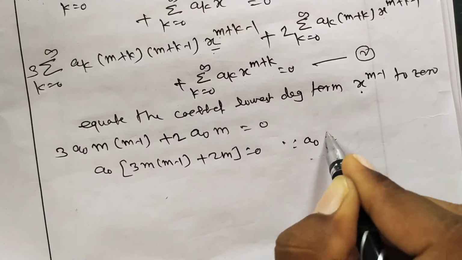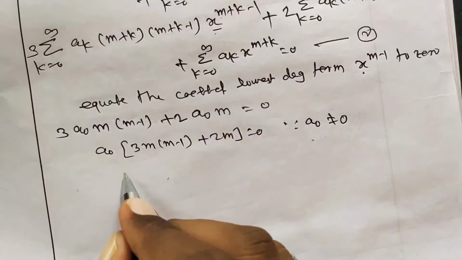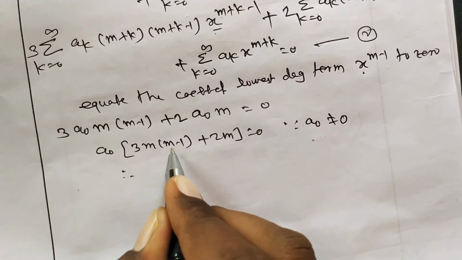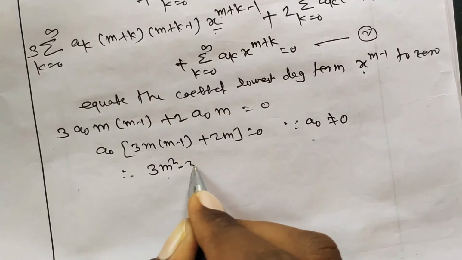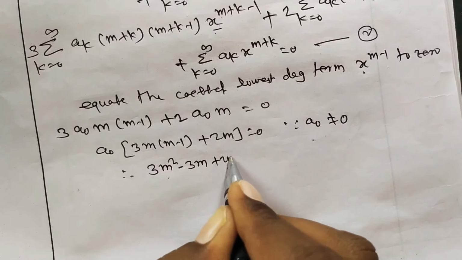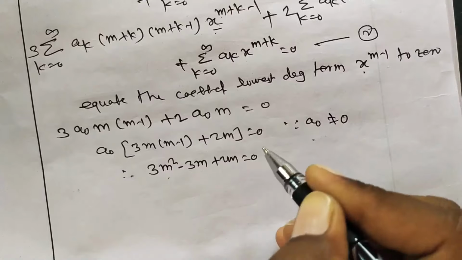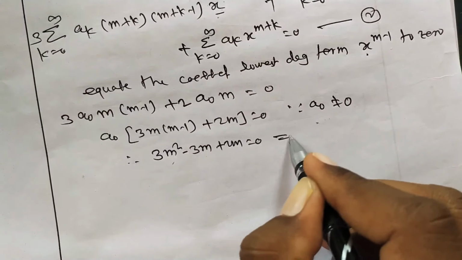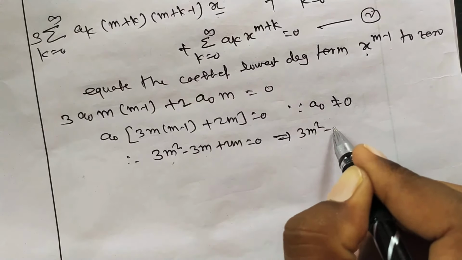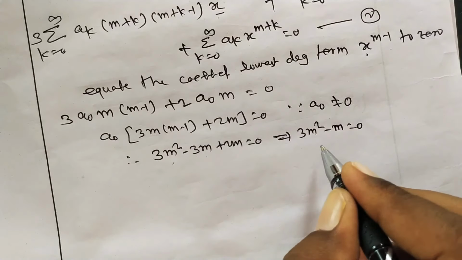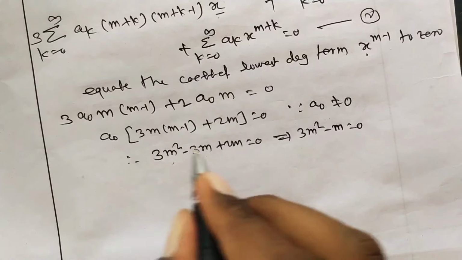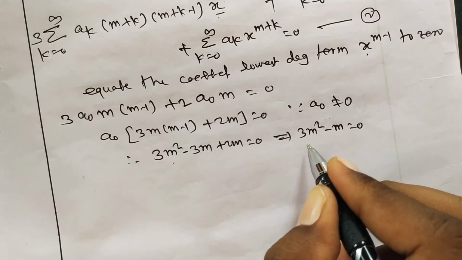Since a0 is not equal to 0, this 3m into m minus 1, multiplying 3m inside, gives 3m square minus 3m plus 2m equal to 0. If we simplify this, it becomes 3m square minus m equal to 0. So this is the indicial equation of the given linear differential equation, and it is a quadratic equation.